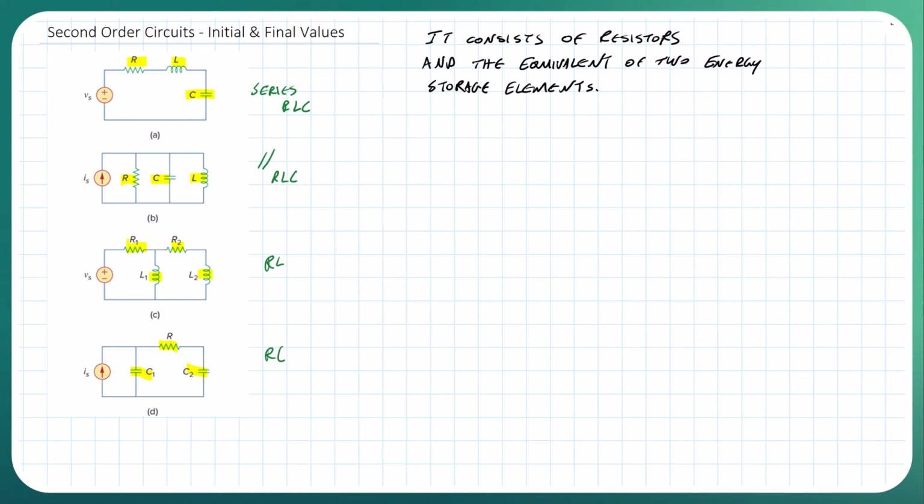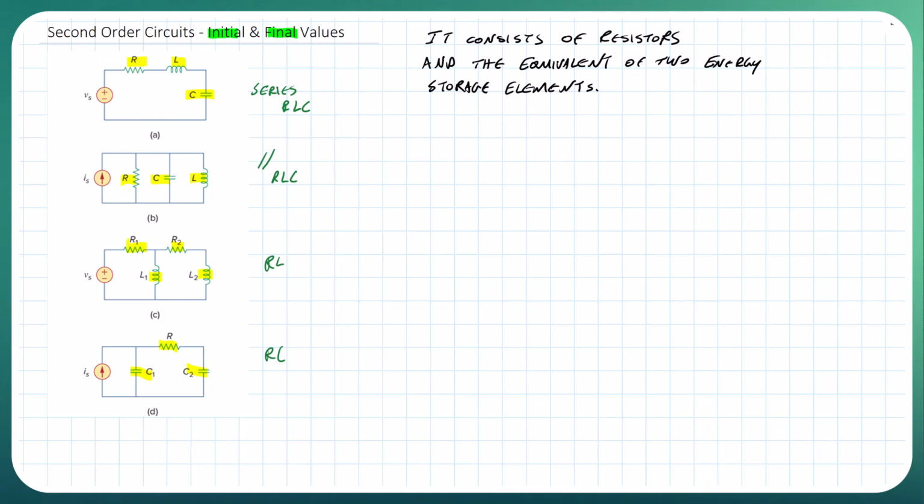The most difficult part when dealing with second order circuits, or maybe the part where most of us may have issues, is finding initial and final values in a circuit.